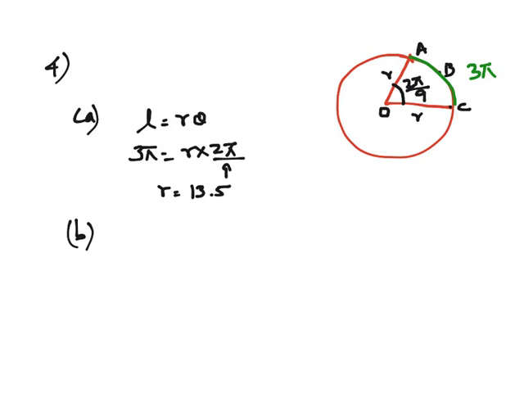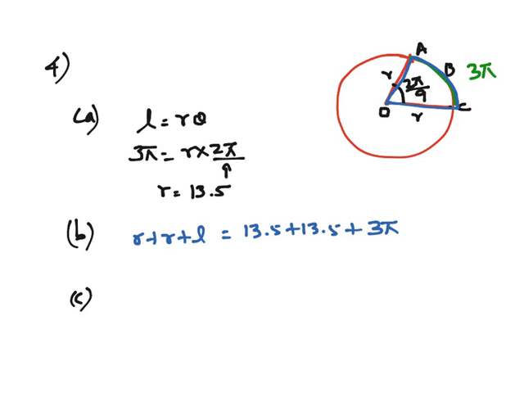They're talking about this sector OABC, which is very easy to find. The answer is R plus R plus L, which is nothing but 13.5 plus 13.5 plus 3 pi. Please enter this in your calculator and write the answer as a decimal number.